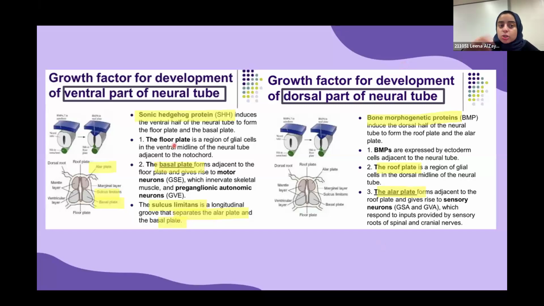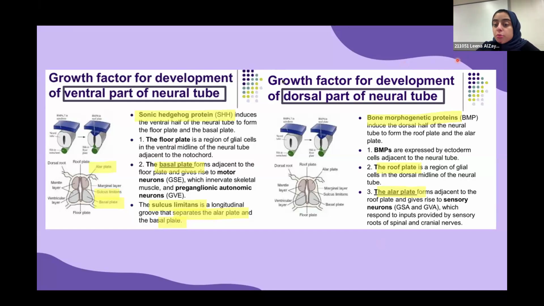Also, let's go over what each one does. The floor plate creates the ventral midline of the neural tube adjacent to the notochord. Okay, so it's the ventral midline, and the basal plate creates the motor neurons and the preganglionic autonomic neurons. Motor and preganglionic autonomic.